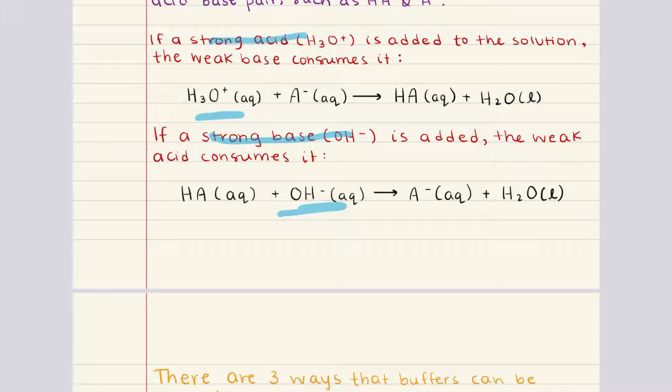The stability comes from the equilibrium between the weak acid and its conjugate base, or vice versa, which can shift to accommodate changes in the concentrations of hydronium ions or hydroxide ions.